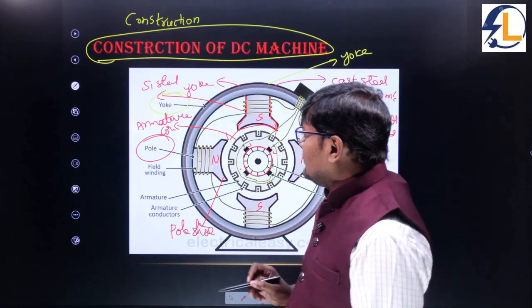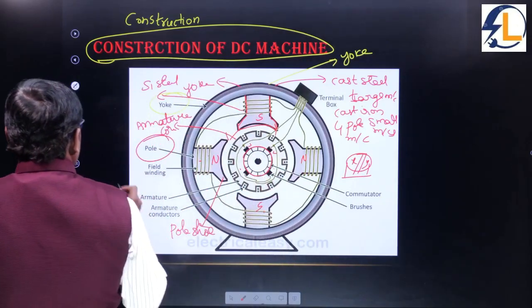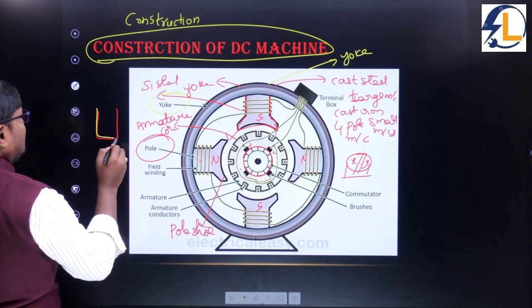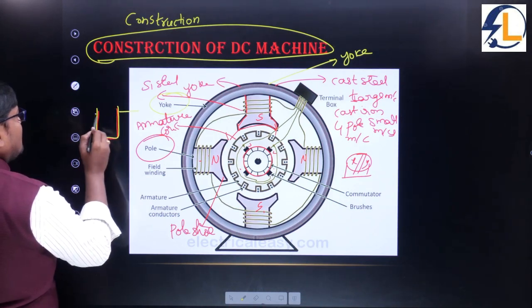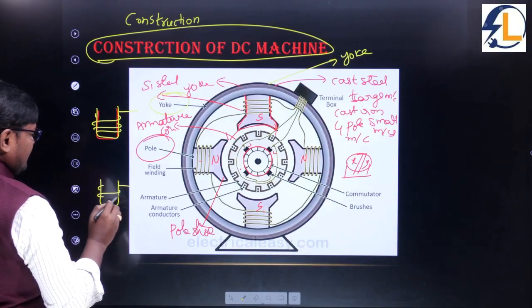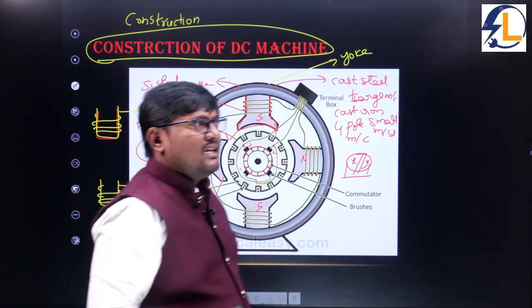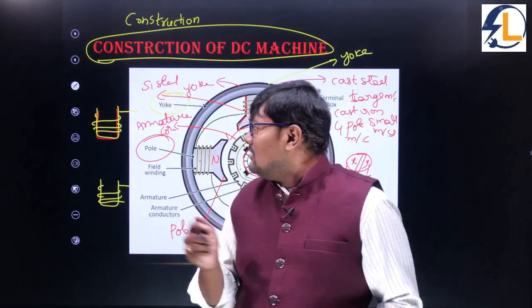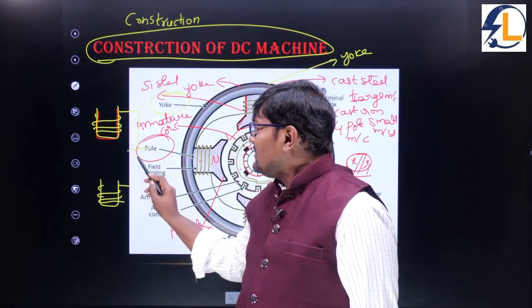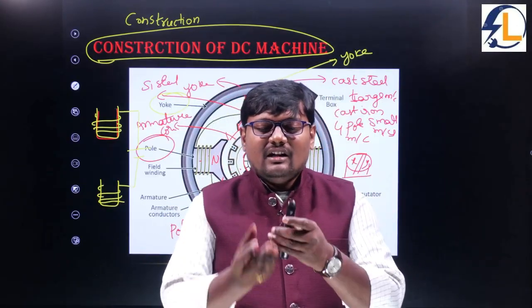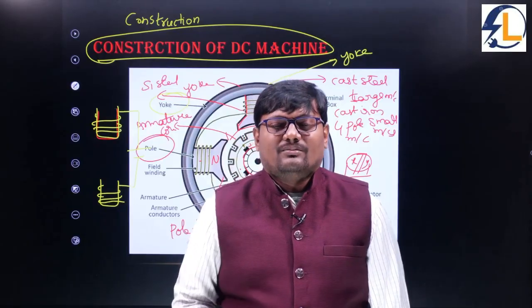So why is the shape of the magnet like this? If the pole core is like this, and the poles are designed like this, what will happen? There is no mechanical support for the field winding. Even if current is flowing through the windings, excited with the DC supply, it will vibrate, and the windings will come out of the pole core.